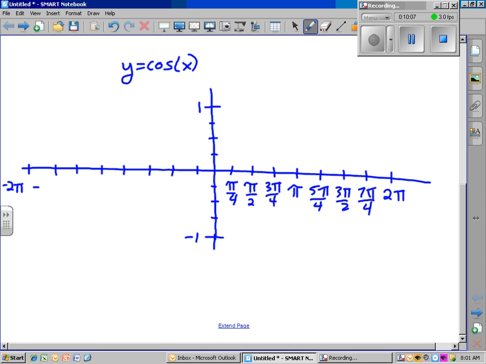So 8, 7, 6, 5, 4, 3. Negative 3 pi over 2 should be negative 3 pi over 4.